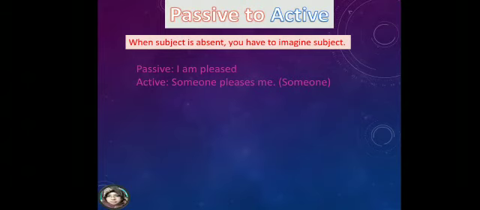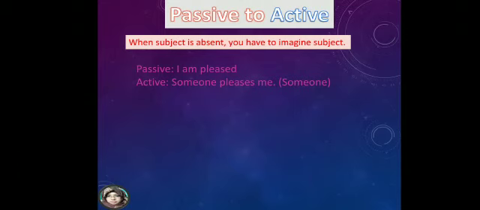Here the verb is V3 form in the passive voice, but in the active voice it's present form because of am, that is pleases. Pleases because someone is third person singular number and we all know that s or es is added with the verb when the person is third person singular number.